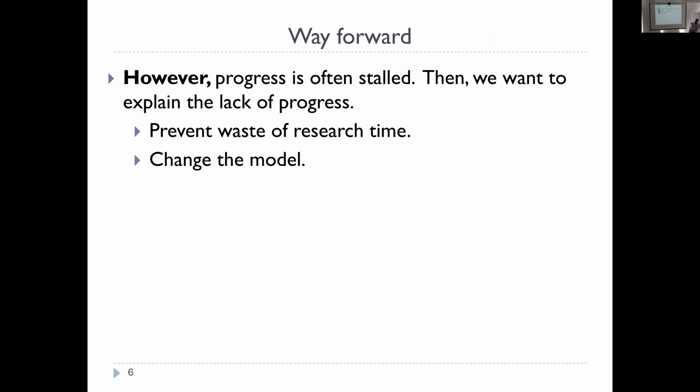One is that if there's a very good reason for why we cannot make progress in a certain problem, then maybe we would like researchers to do other things and not tackle this very difficult challenge. And another reason could be to change the model.